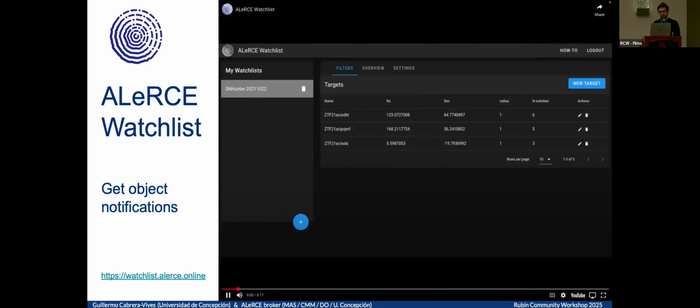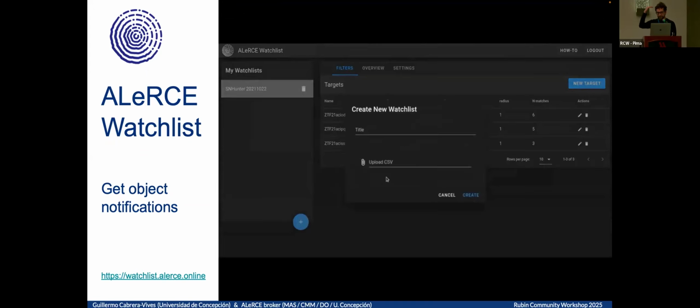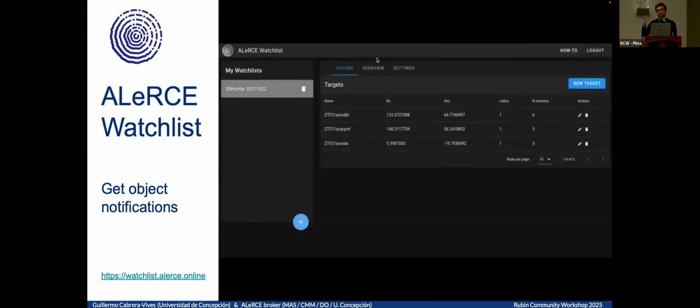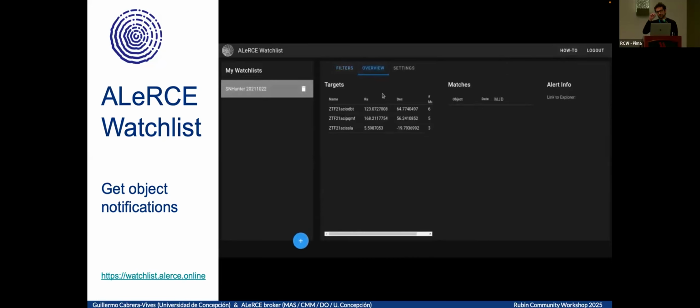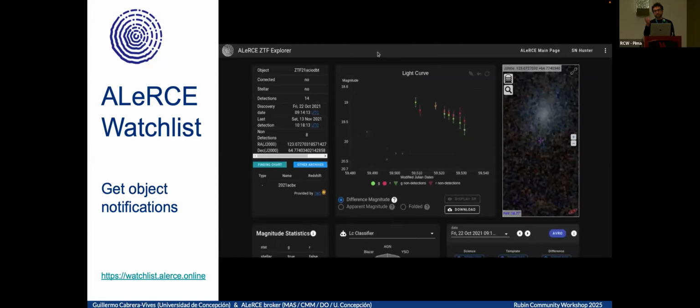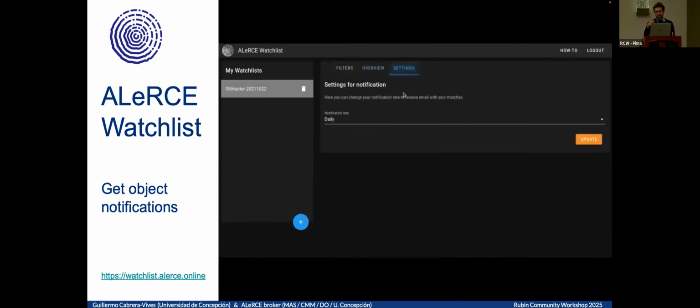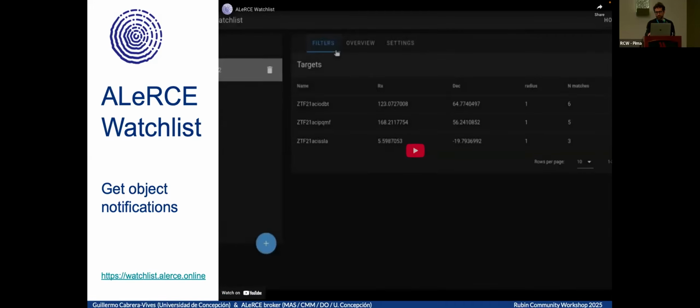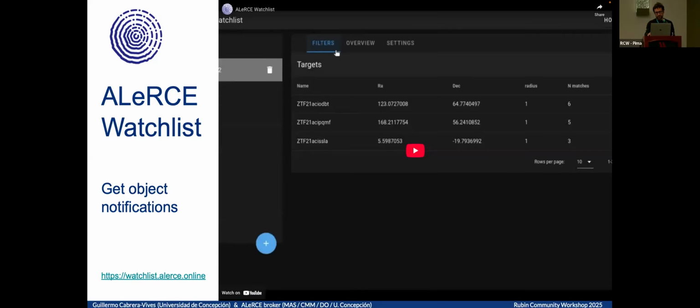We also implemented watch lists, so you can upload a list of sources, and whenever something changes with those sources, you create specific filters, and then you get an email or an update on what has happened with those particular types of sources.